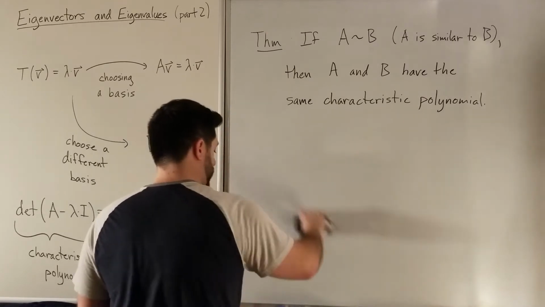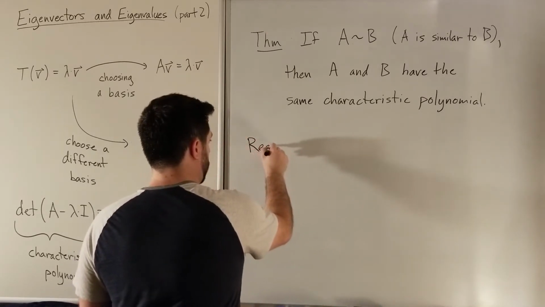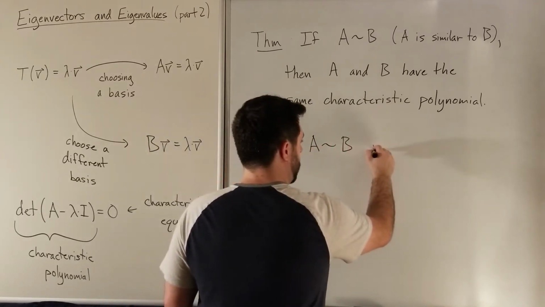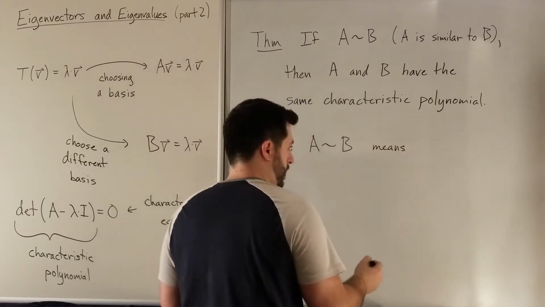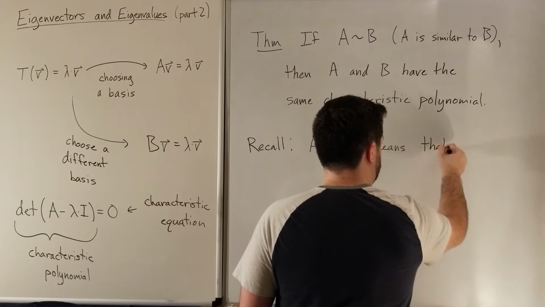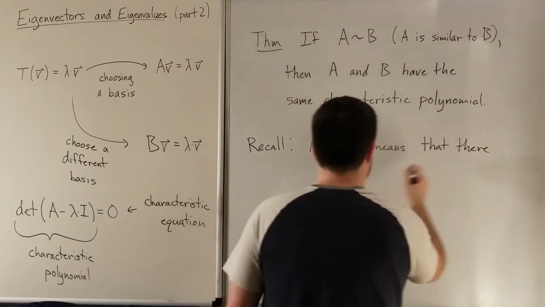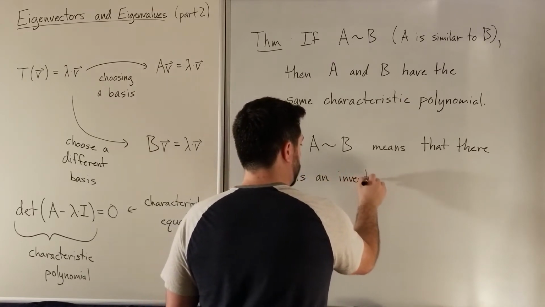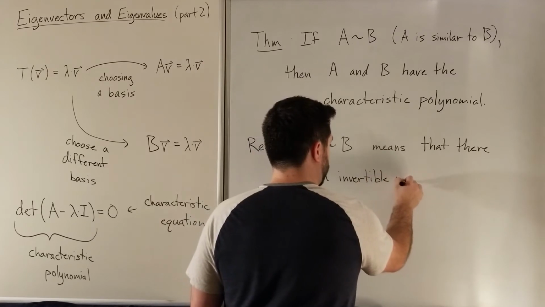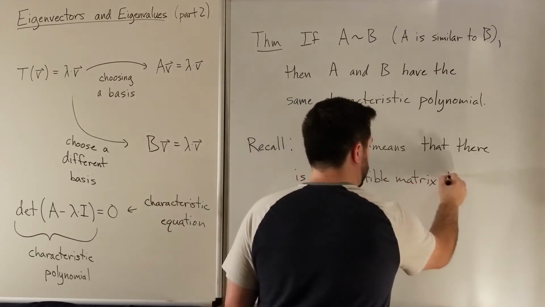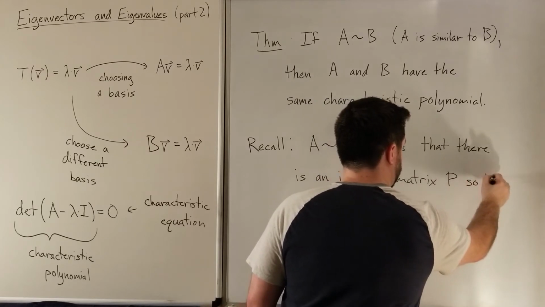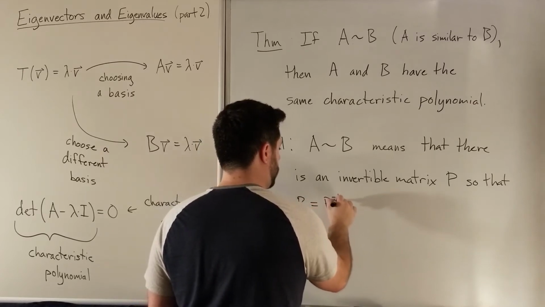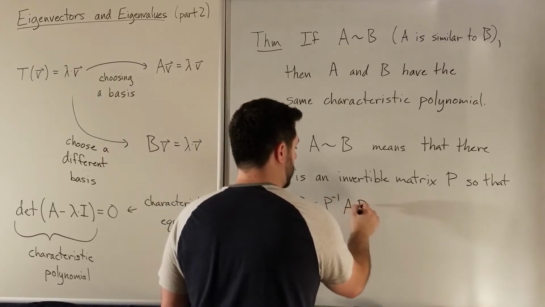So just recall, A is similar to B means that there is an invertible matrix P so that B is equal to P inverse times A times P.